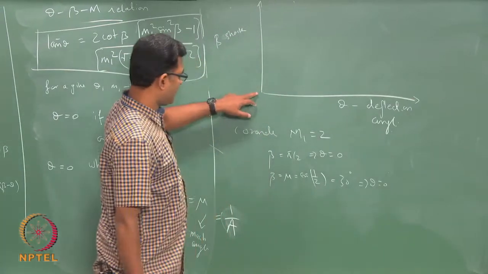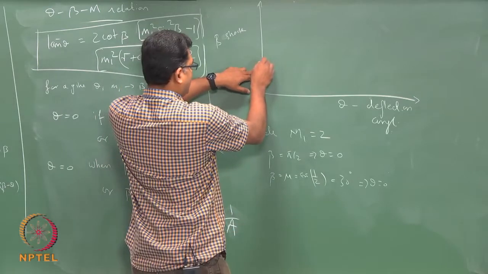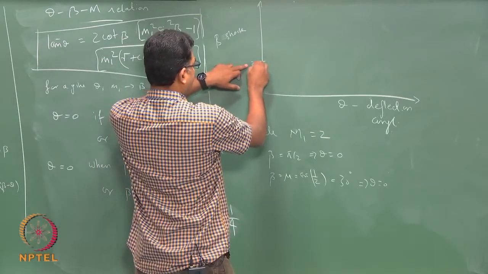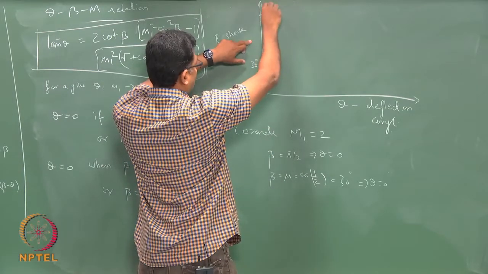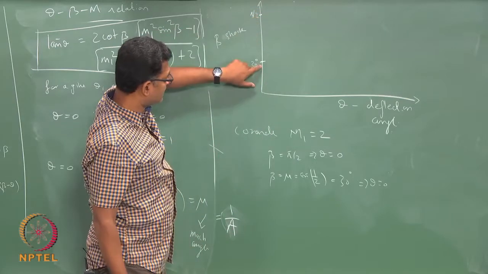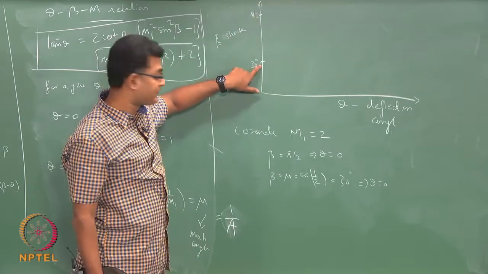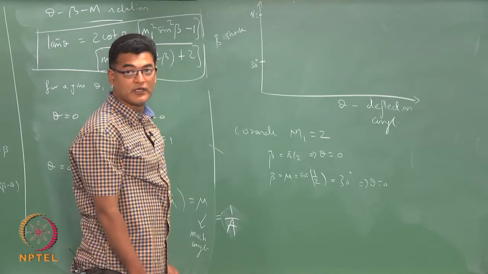Okay. For theta equals 0, for M1 equals 2 I have a shock angle of 30 degrees or pi by 2. So, this is my normal shock solution, this is my Mach angle solution, okay, for a Mach number of 2.